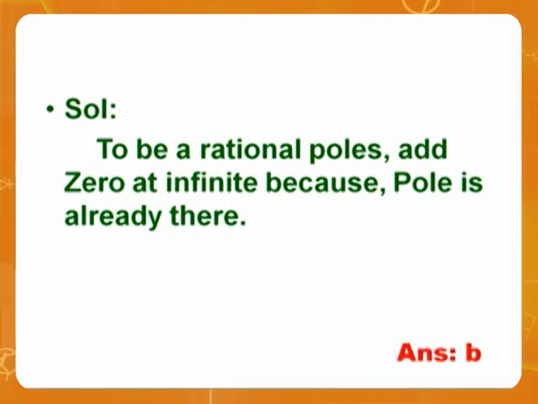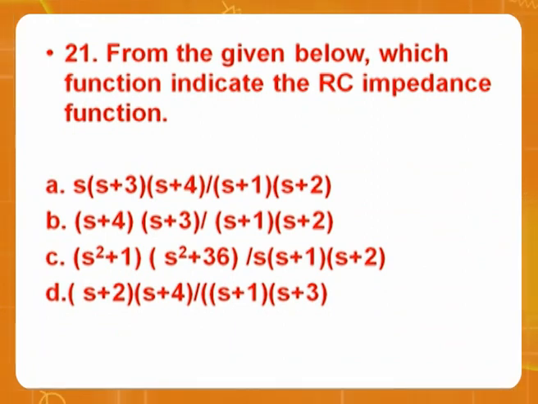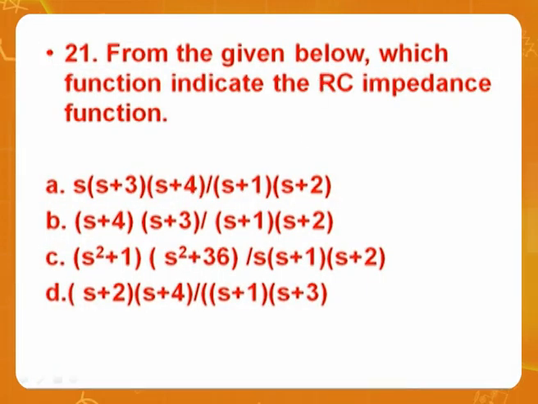Option is B. From the given functions, which function indicates an RC impedance function? What a nice idea. He's cross-checking whether you know the properties or not. So what is RC first of all? RC means it must be on the real axis. Secondly, the nearest to the origin should be a pole.